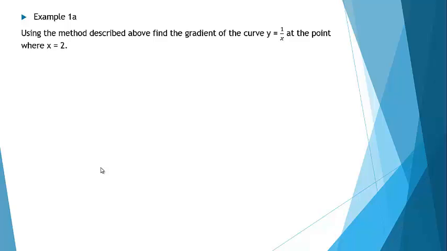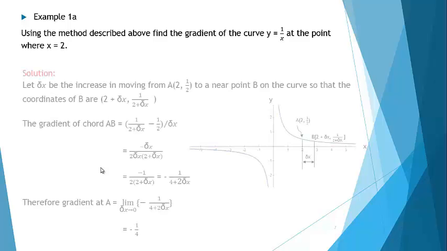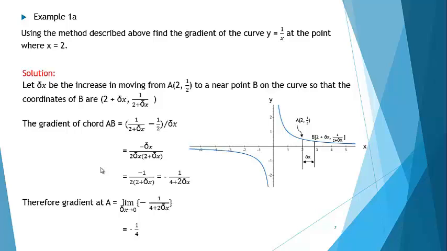Example 1a. Using the method described above, find the gradient of the curve y equals 1 over x at the point where x equals 2. So we are going to use the same method as we have done before. The solution: let delta x be the increase in moving from A, 2 comma 1 half, to a nearby point B on this curve, so that the coordinates of B are 2 plus delta x, 1 over 2 plus delta x.